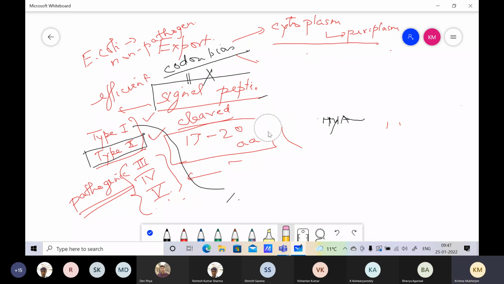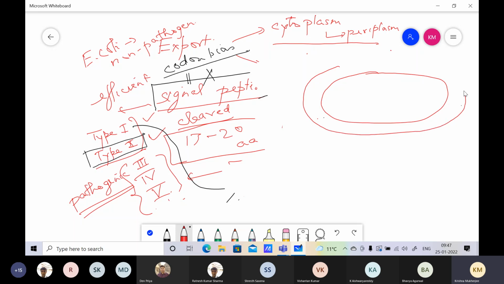One of the advantages of the type 1 pathway is that, this is the cell, and this is the periplasmic space, and the type 1 pathway is a protein which sits across like this and creates a gateway.